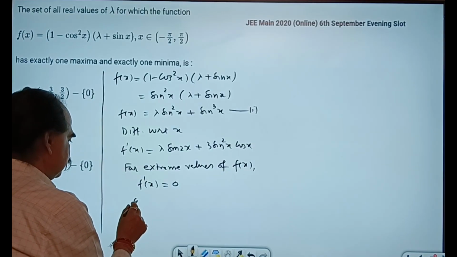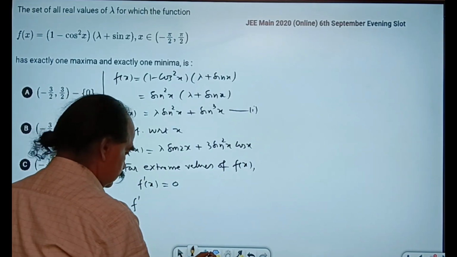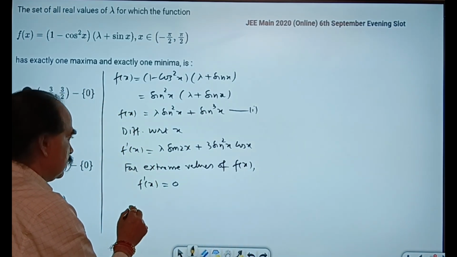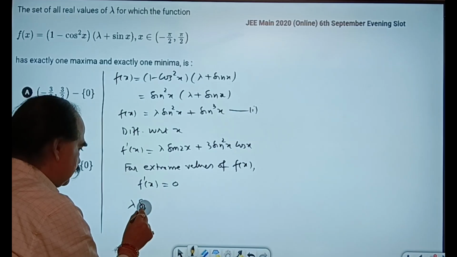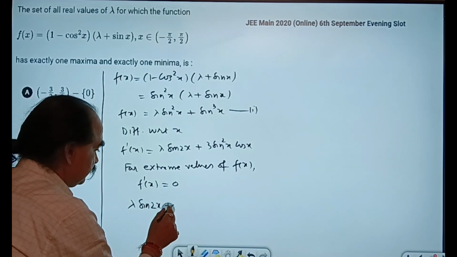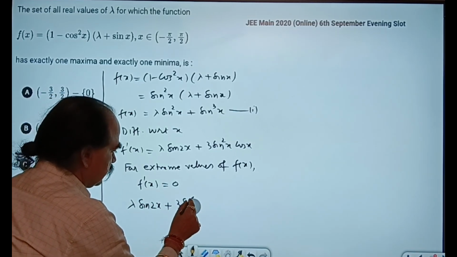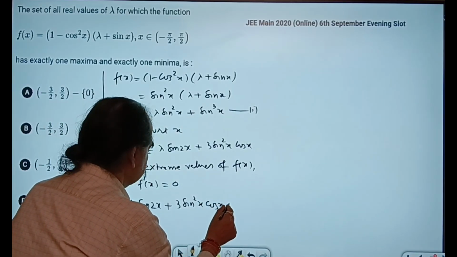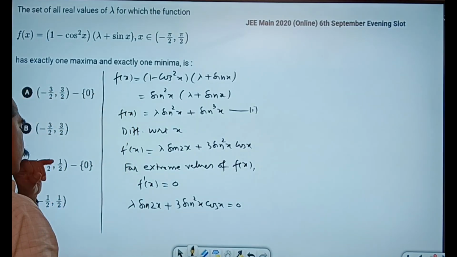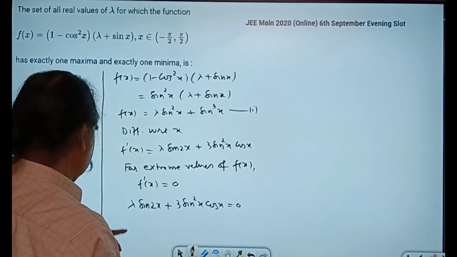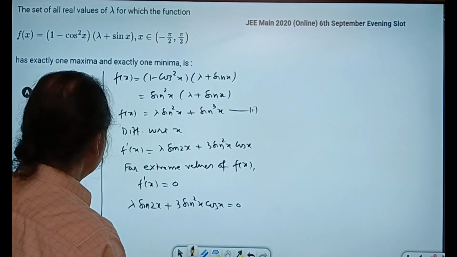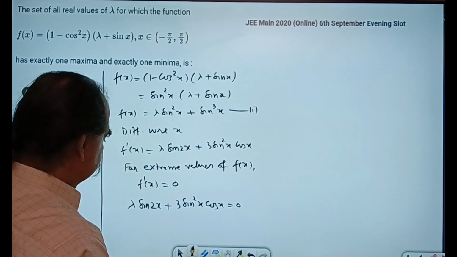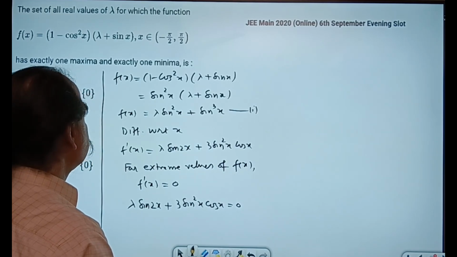So lambda sin 2x plus 3 sin square x cos x is equal to 0, where x belongs to minus pi by 2 to pi by 2.